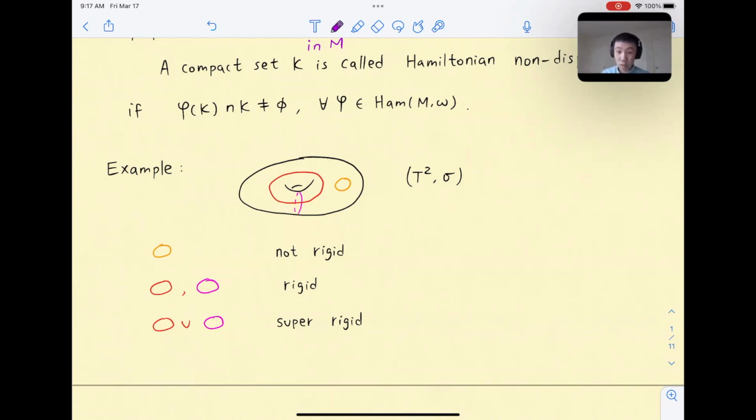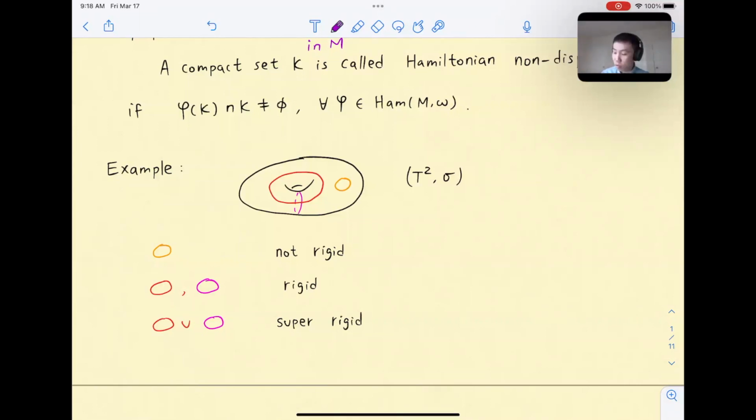The interesting thing is that we have another layer of rigidity, to consider the union of those two circles, this red one and this pink one. The set itself is not displaceable, however, it has the stronger rigidity that those rigid circles cannot be displaced from this union.